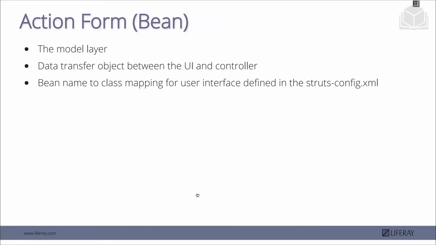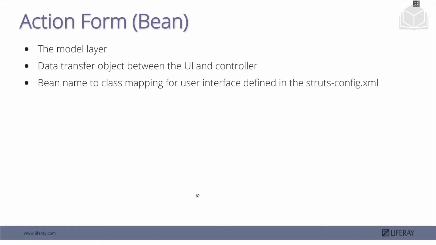Now the action form, what the action form kind of does is it creates a relationship between the classes that we're going to and then where we're going to go afterwards. What ends up happening, or what the action form or bean is doing for us, is after we perform a specific action, we can then be sent off to the UI.